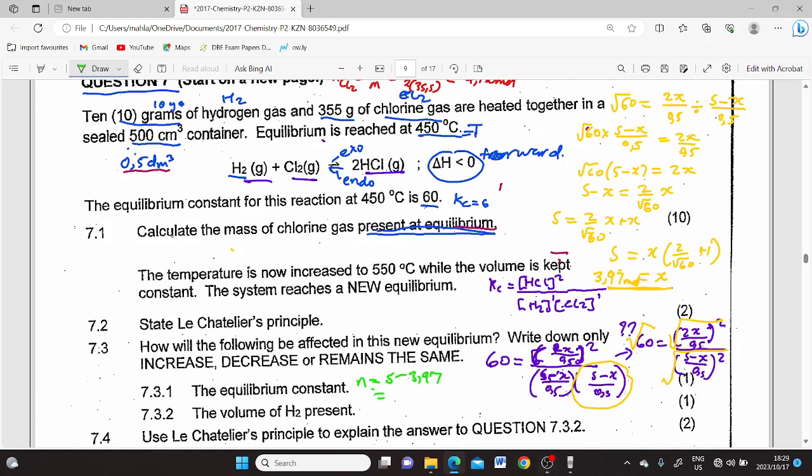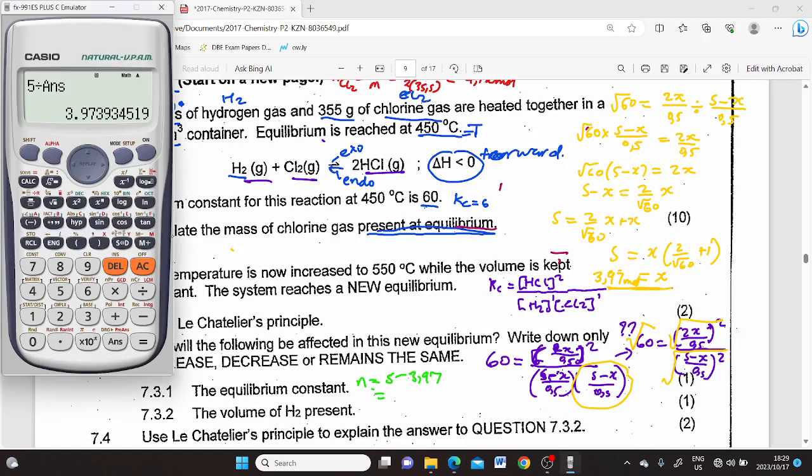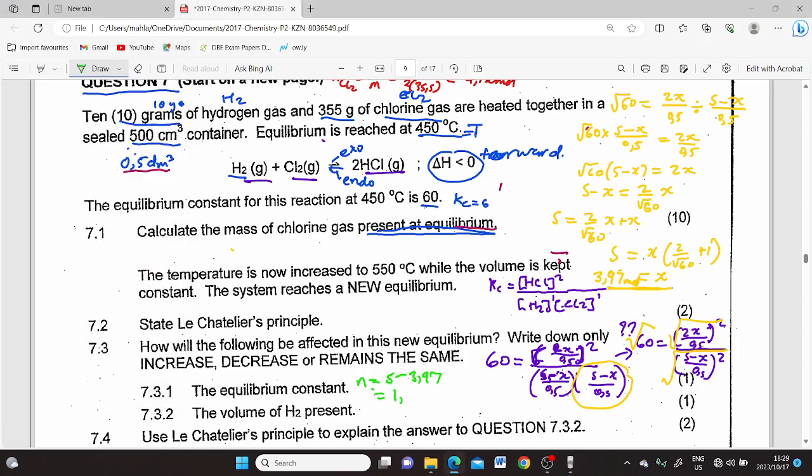So let's press the calculator. So we have 5 minus the answer, in fact we have 1,03 moles. Now this is the number of moles at equilibrium of the chlorine gas, but the question is looking for the mass. So you go further with the formula of the mass.